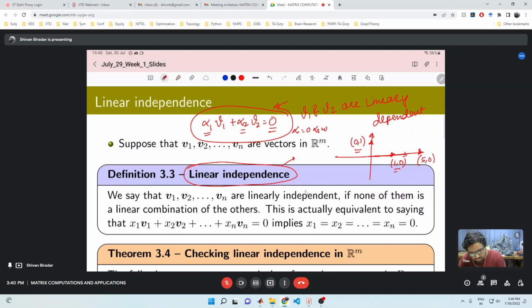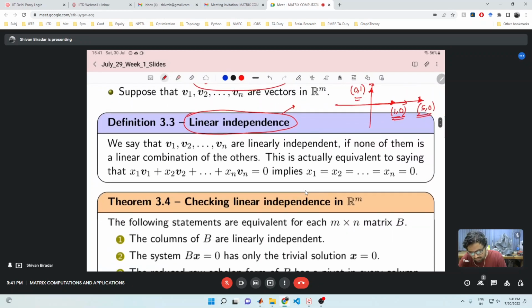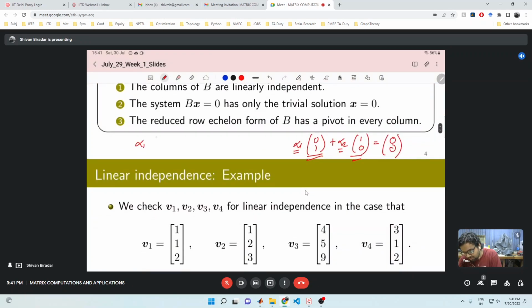Let us say this. Are this vector and this vector linearly independent or linearly dependent? Say alpha 1 times (1, 0) plus alpha 2 times the other vector.